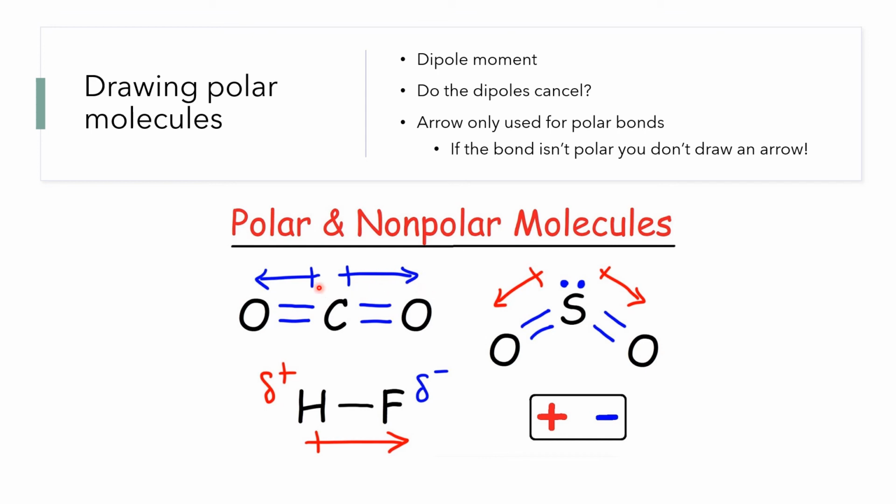It shows you which way the electrons like to go. So in this case, electrons like to go toward the oxygen and away from the carbon. Here, the electrons like to go toward the fluorine and away from the hydrogen. Here, they like to go toward the oxygen, away from the sulfur.